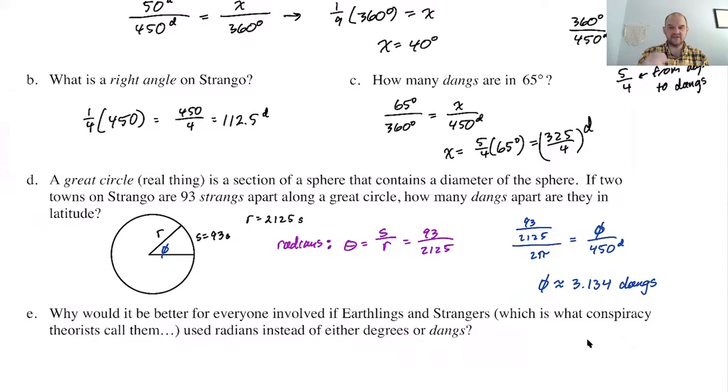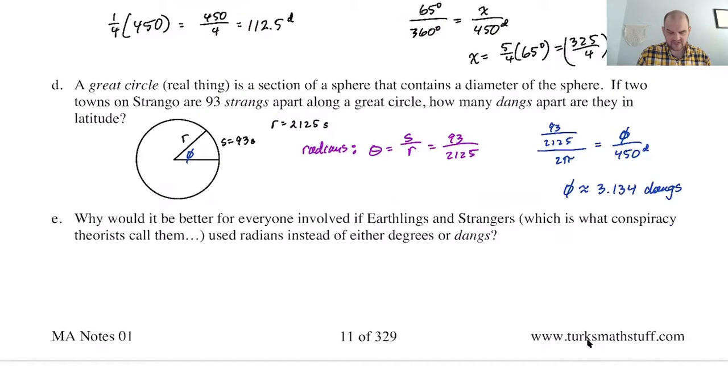It would have been the same initial setup, but then I would have said equals theta out of 360, and solved for that in degrees. But since we're on this weird planet where there's 450 dangs in a circle, I had to use phi out of 450 and solve it.